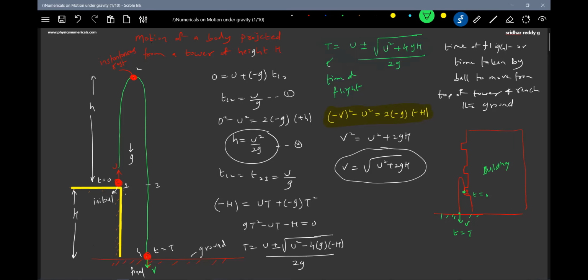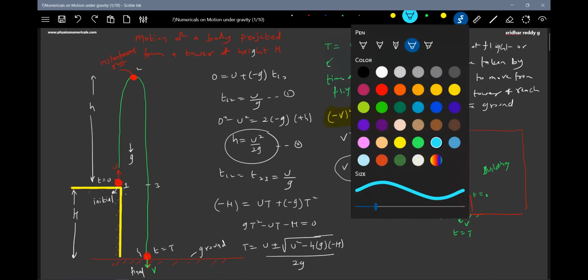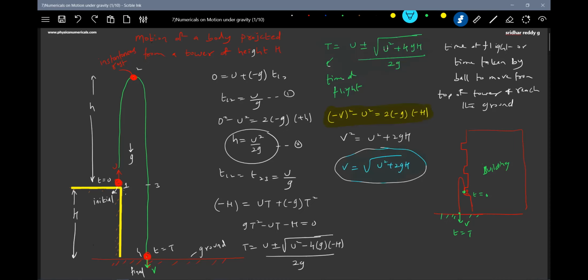There's a time of flight, and this is the speed with which the ball strikes the ground.